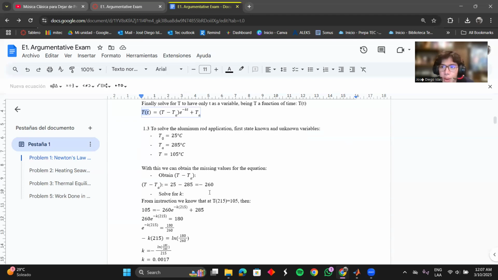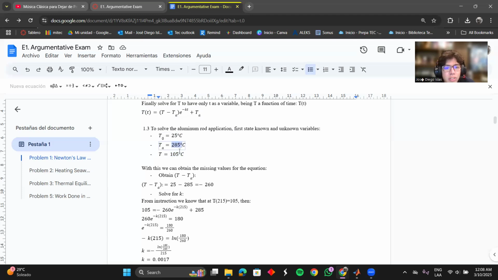And we have the values that were given to us in the instruction, right? So we have the temperature here and the ambient temperature here. What we know is that it starts at 25 degrees Celsius and it will go up because this was an oven.